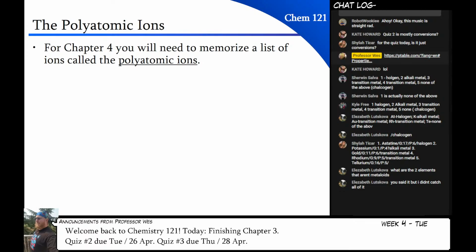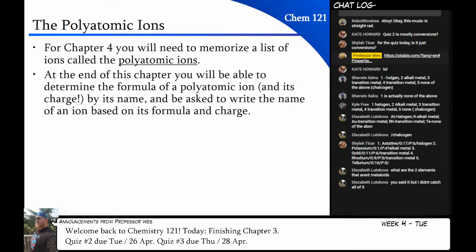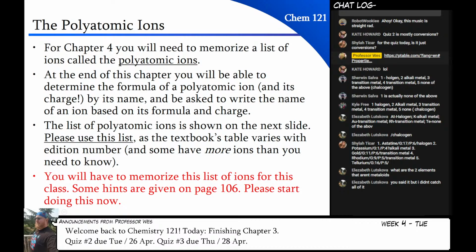All right. So chapter 4 is going to require us to use a specific set of ions called the polyatomic ions. The list of these is on my next slide here. Your textbook has a list of these, but depending on the edition, you will have more or fewer ions.